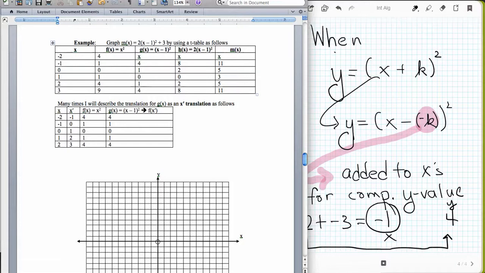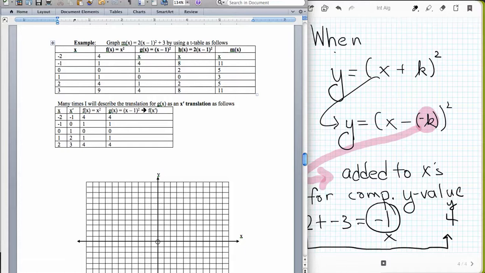So for my original values, I would have 1 greater than each of these x's. So this time I've written the 1 greater just a little bit differently. And what I've done is I've basically moved it down. So here's my y values moved down to show you that they're the comparable x values.